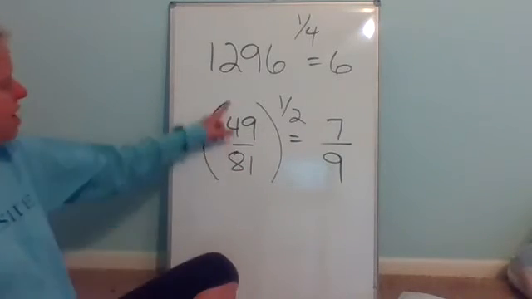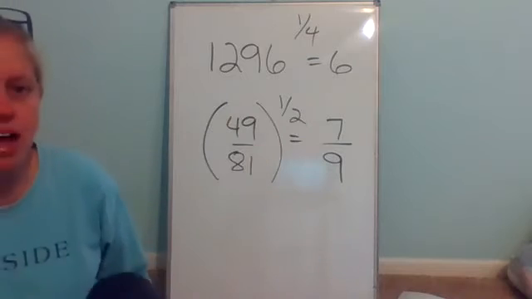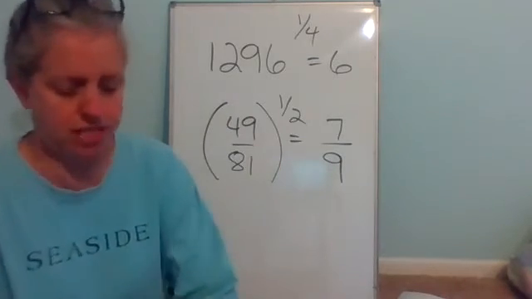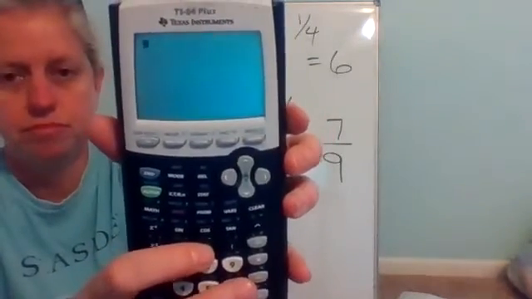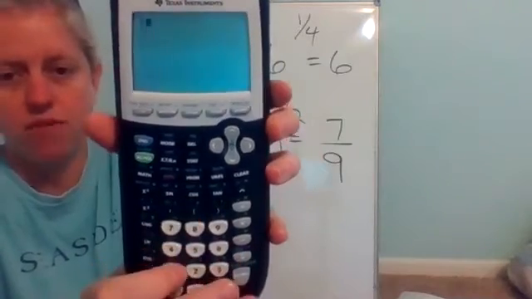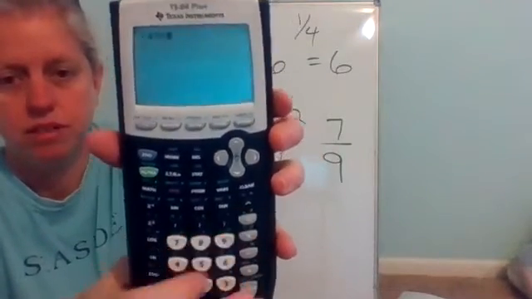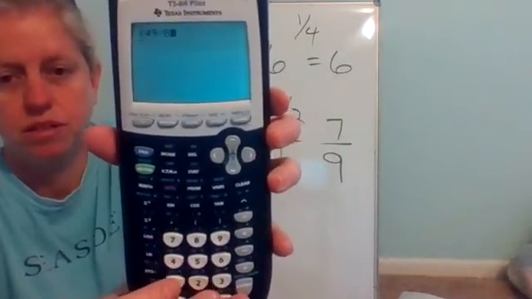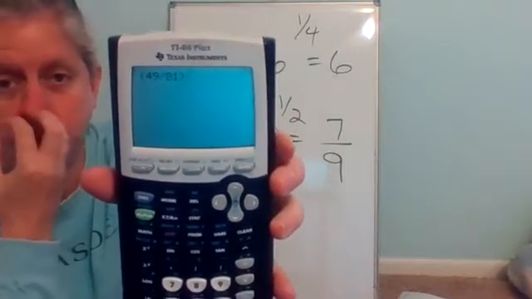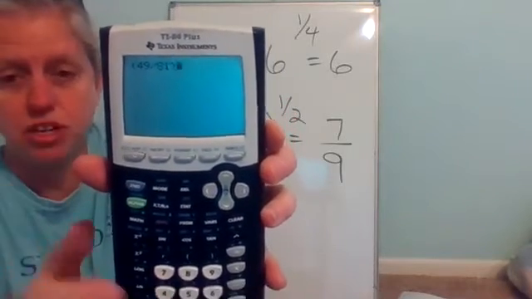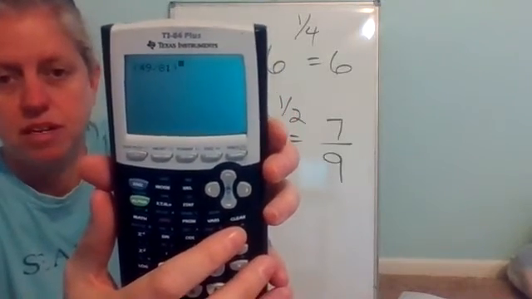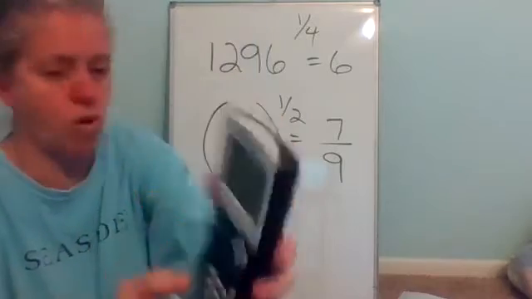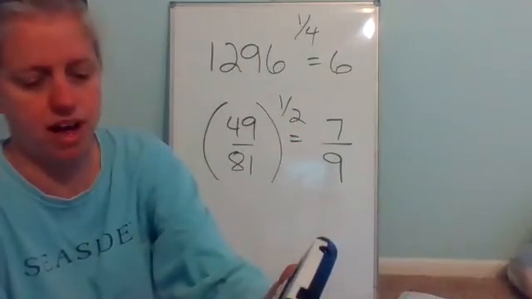If I did this in my calculator, let's put parentheses around that just like they did. So open parenthesis, 49/81, and close it. Now go up into your exponent. My exponent was 1/2, so 1 divided by 2.